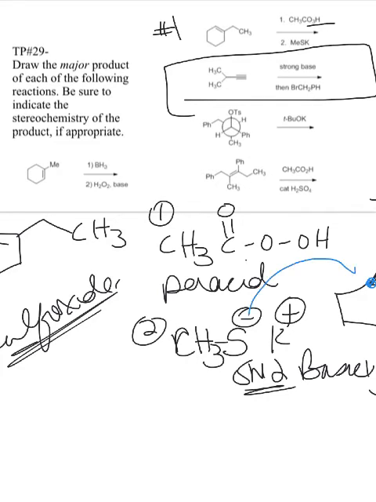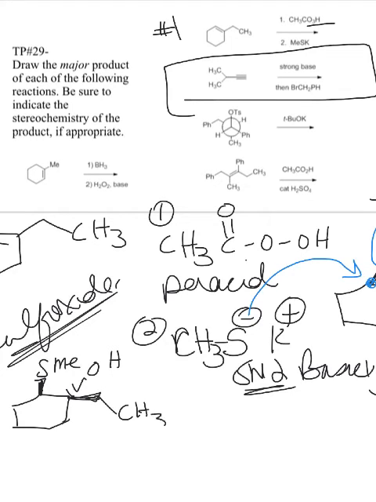So epoxides open because of the ring strain, and this one's going to be SMe, which is your methyl, and that's going to come from the opposite, so then you're going to have OH, and here you're going to have CH3.